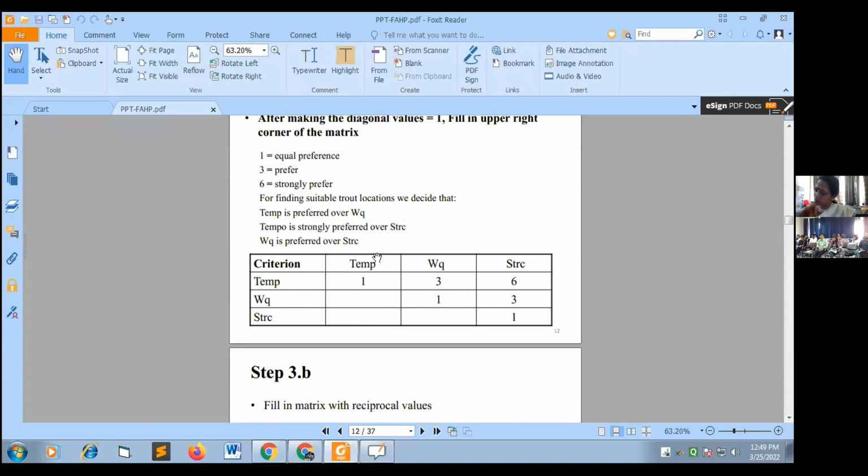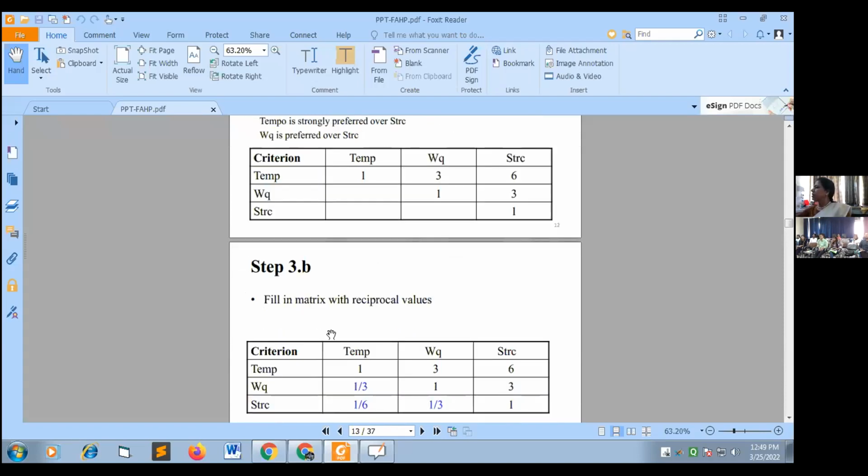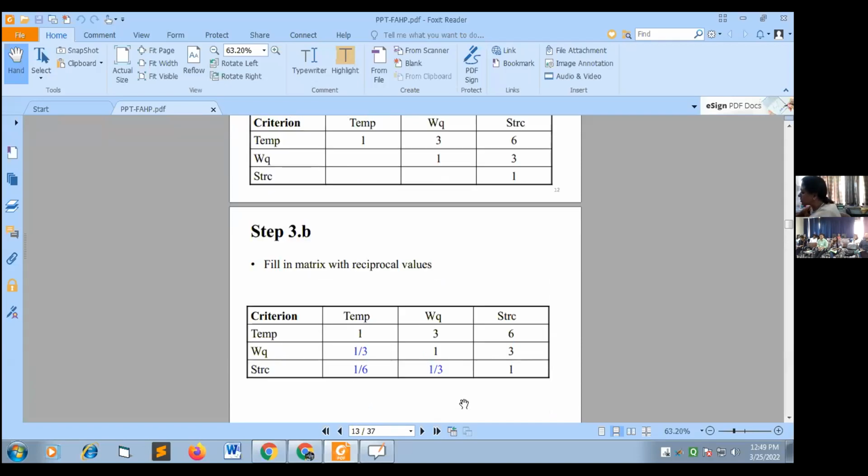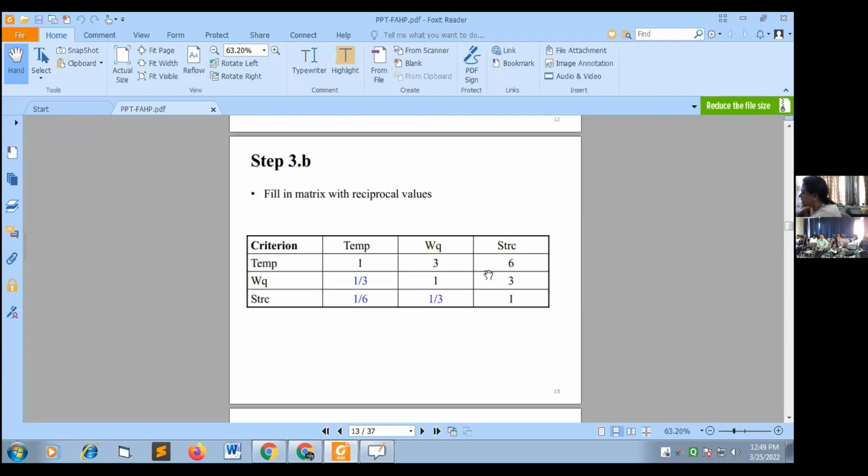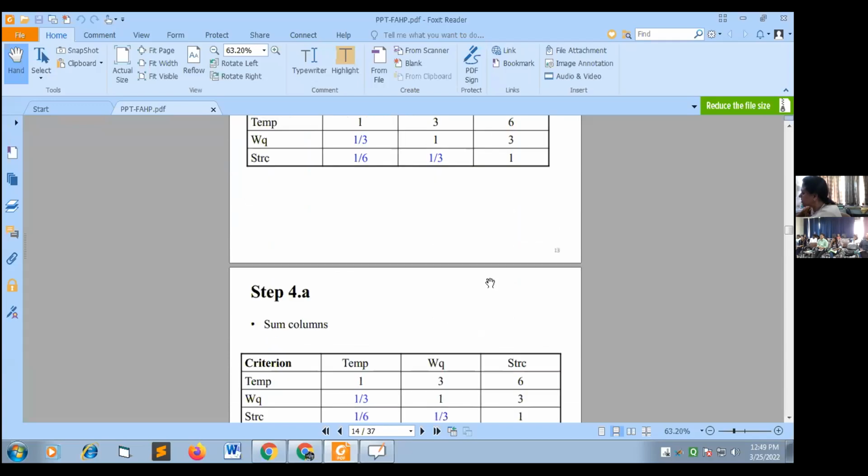Similarly, the other entries are reciprocals. So water quality against temperature is 1 by 3. This is the inverse. After filling in the reciprocal values, this is the pairwise comparison matrix given by Saaty.